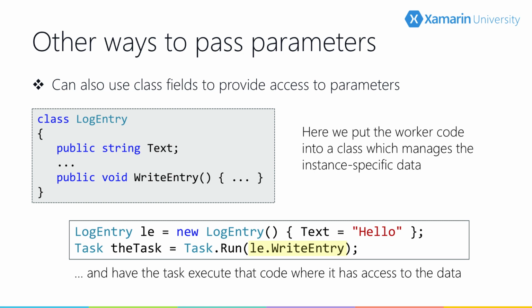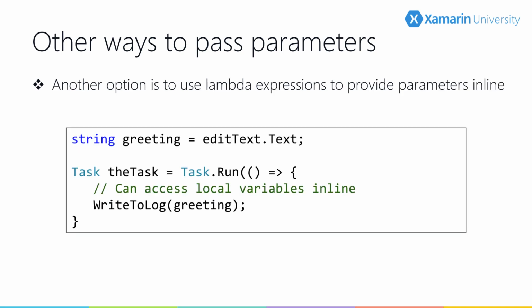So let's have a look at an alternative approach. We could have instance level fields and properties, either in a class owner or in a dedicated data class that we can then access, write to, read from. Remember, all the threads share the same process memory. So this would work. Here's another approach: anonymous methods and lambda expressions. This is something that I guess you have seen very often. It's a very elegant approach. It allows you to define the data in line with the logic you want to execute.